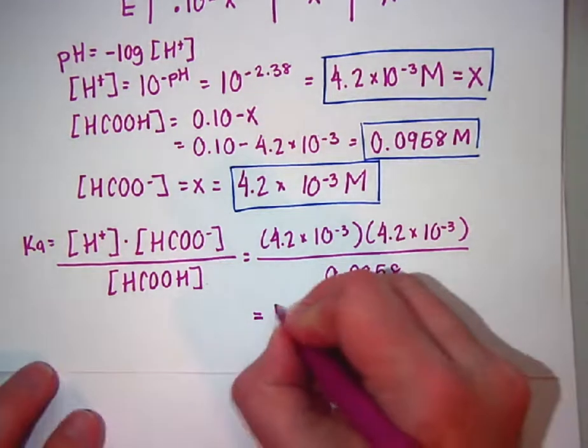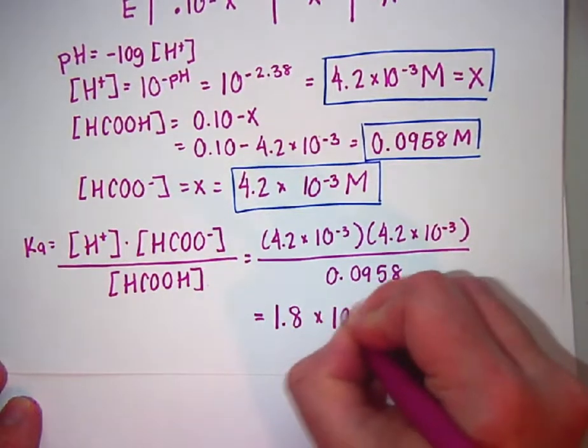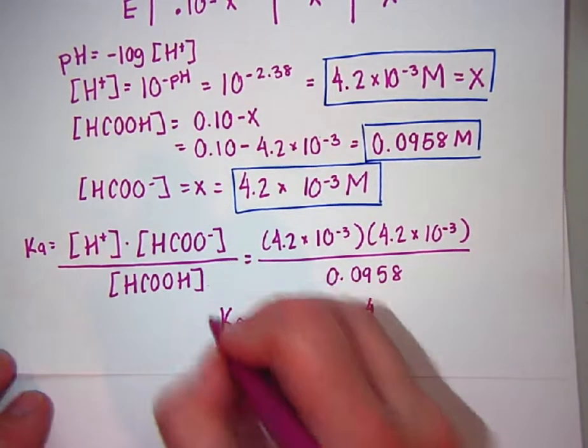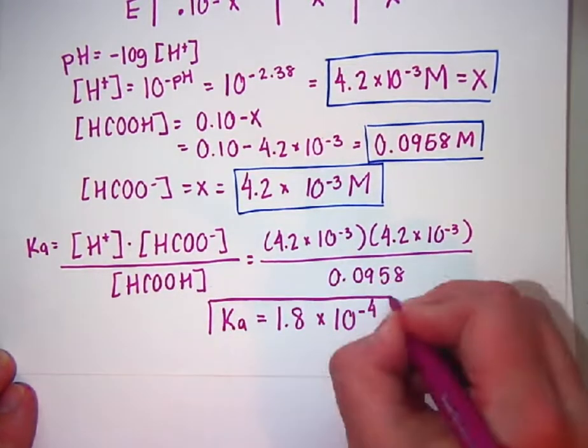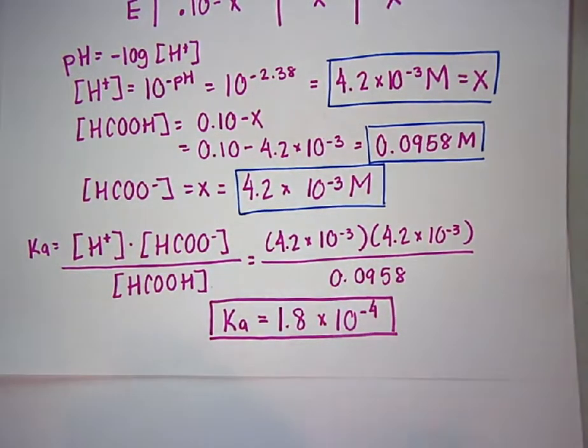When I solve, I get 1.8 times 10 to the negative fourth, which is what we would kind of expect. Remember, this is a weak acid. Weak acids have small Ka values less than 1. So this tells me the extent to which the weak acid dissociates. The larger the number, the more it dissociates. The smaller the number, the less it's dissociating.